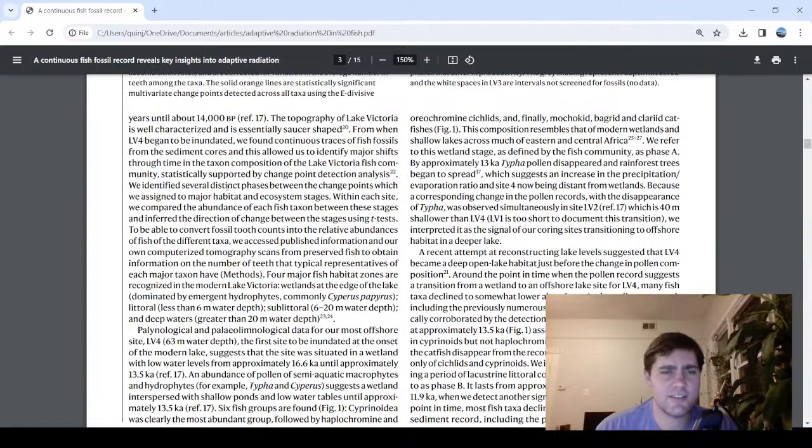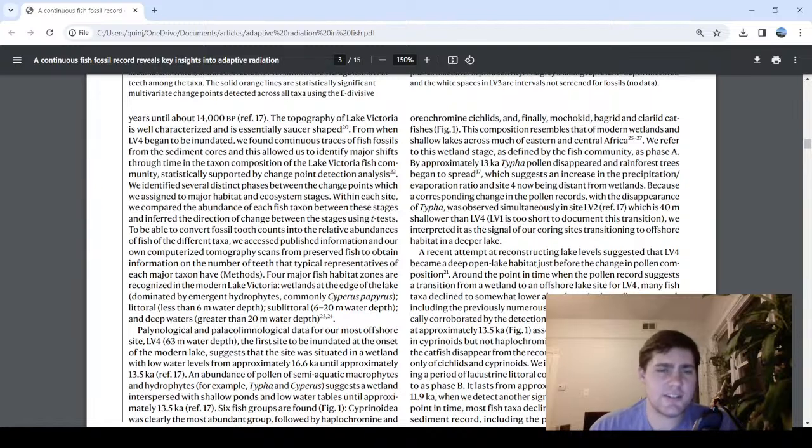We identified several distinct phases between the change points and assigned major habitat and ecosystem stages. Within each stage, we compared the abundance of fish taxa between these stages and inferred the direction of change between the stages using t-tests.